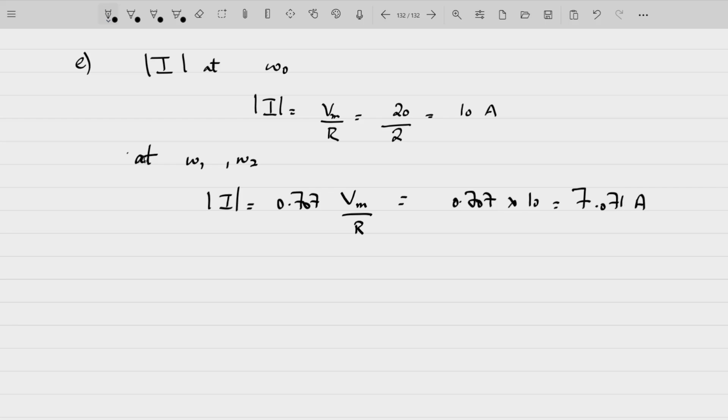In other words, we can simply say that the current magnitude at omega 1 and omega 2 will be 70.71% of the maximum value that is obtained at the resonant frequency.